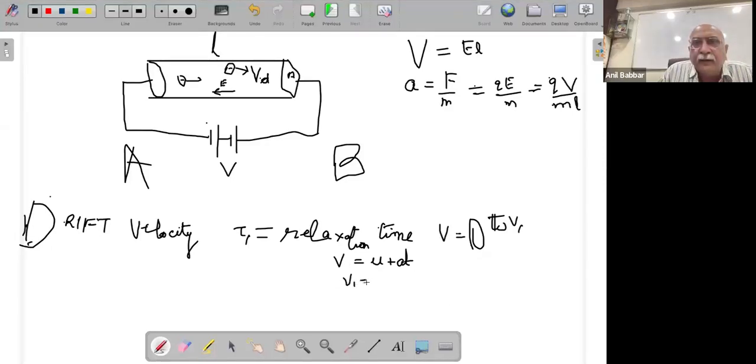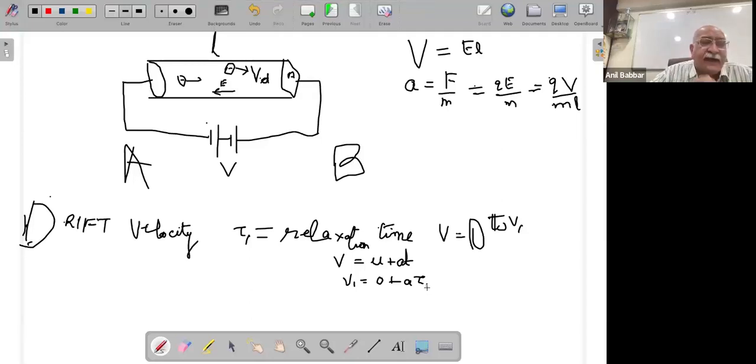The initial velocity was 0, right? So A is the acceleration and tau is the relaxation time, so v1 equals A tau 1. Similarly, these expressions will hold for other electrons also.